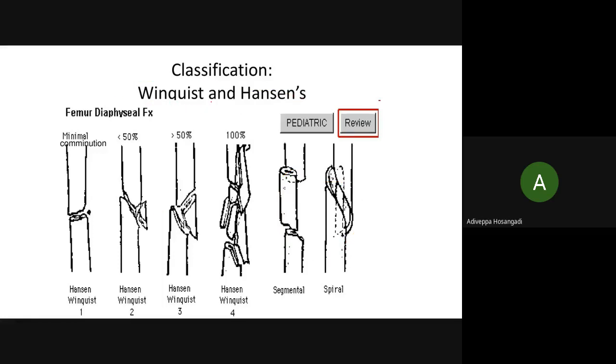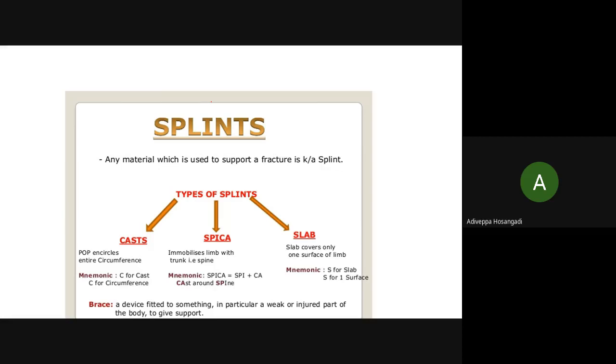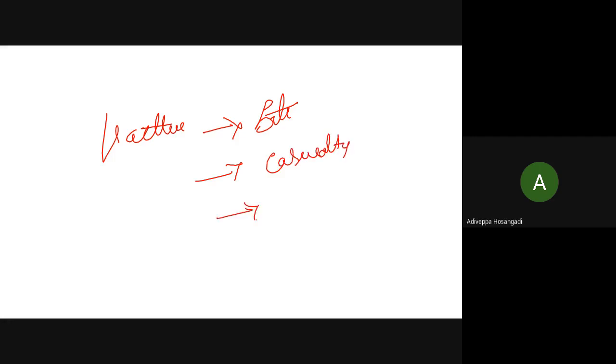Okay. So whenever you see a patient with a fracture, the treatment starts at the accident site. Treatment is extended in the casualty, and definitive management is in the ward and operation theater.